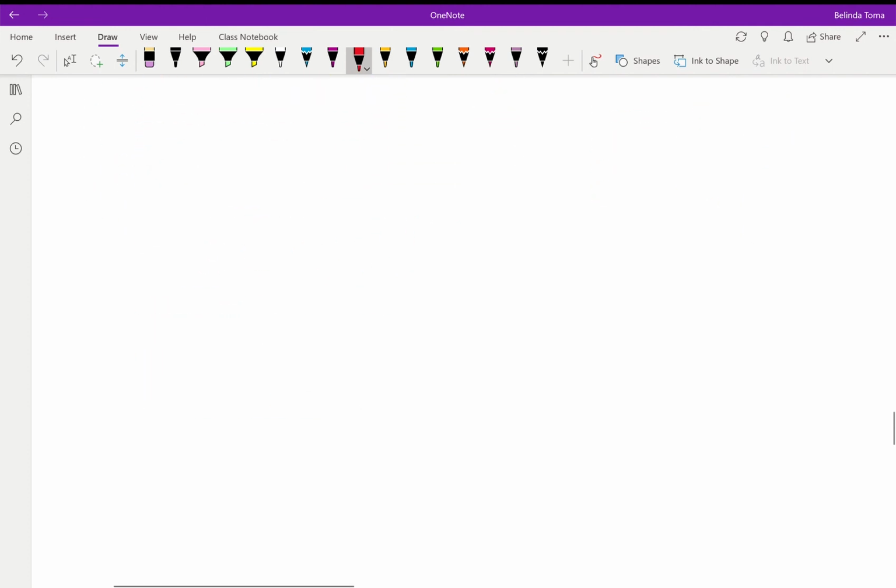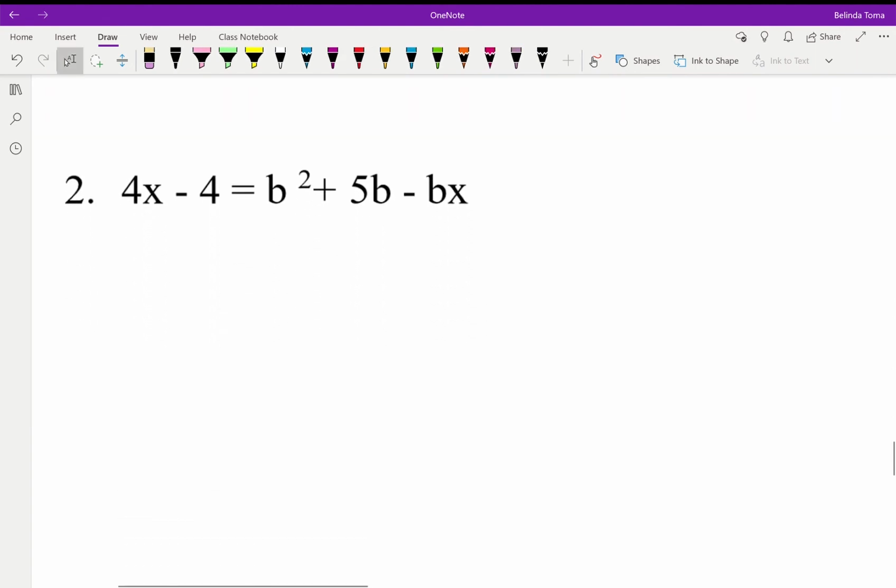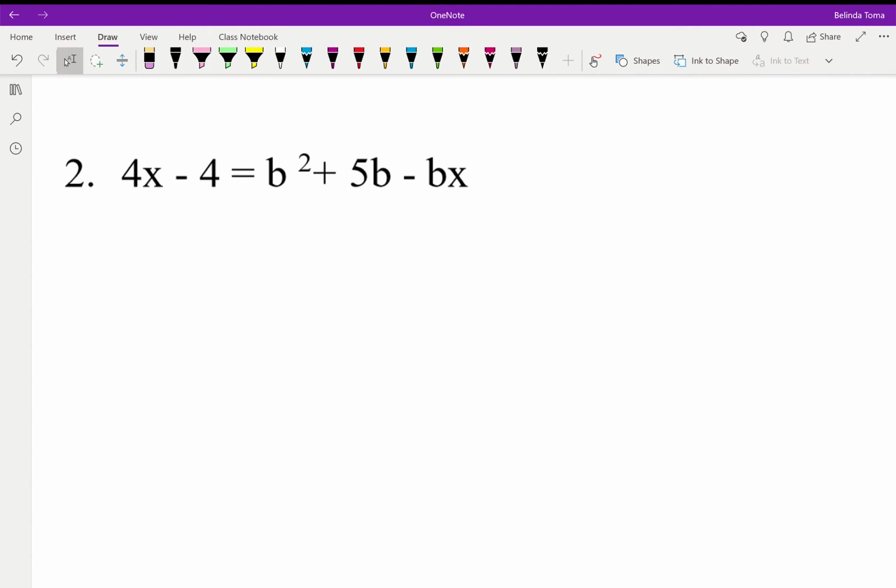One more example where we're solving, and in this case, we have just two variables. We have an x and a b, but our x's aren't on the same side of the equal sign. So the first thing you're going to want to do is put the x on one side.